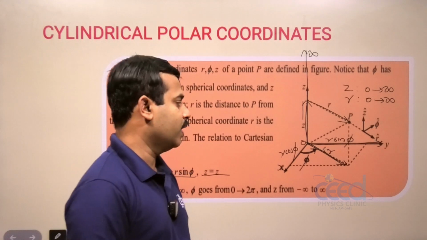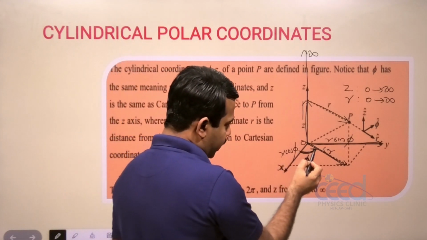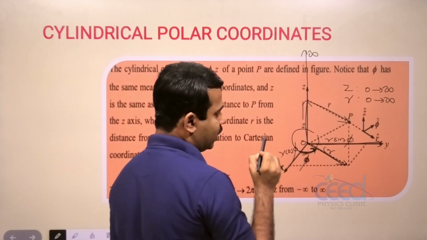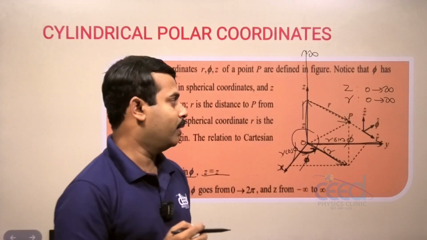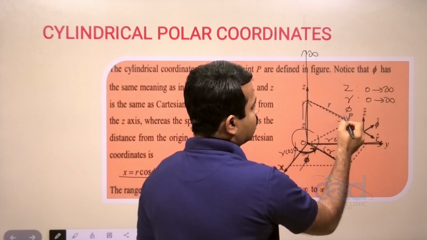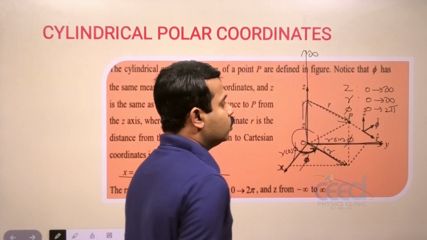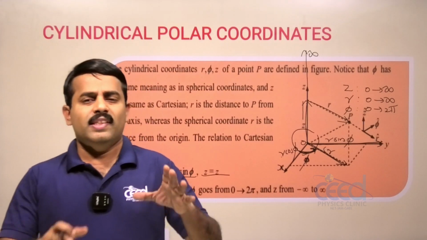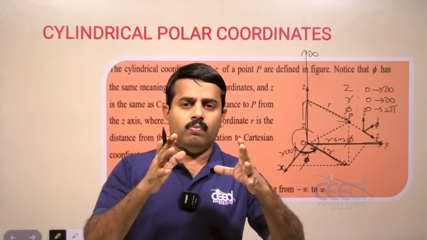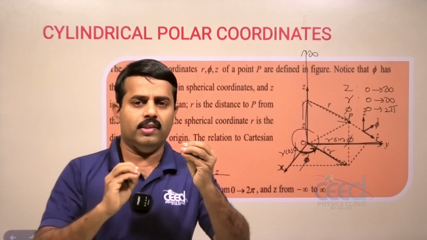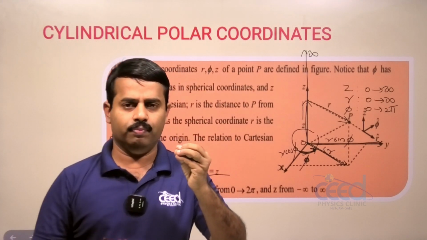What is the range of phi? Phi can rotate like this, so maximum you can take 0 to 2 pi. Then the phi range is 0 to 2 pi. So in the cylindrical coordinate system, to locate a point, we require three coordinates, that is r, phi, z.